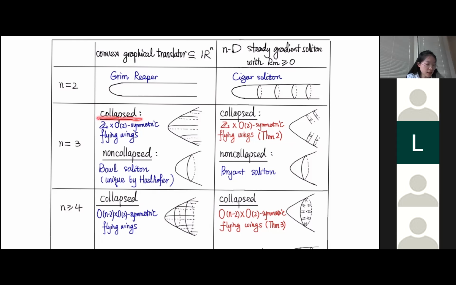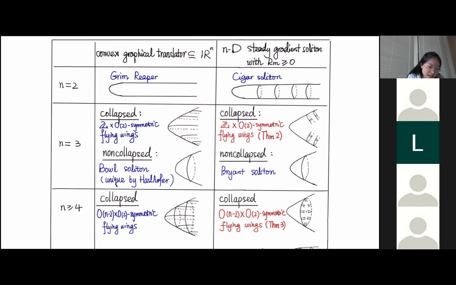If you consider the collapsed solutions, then you get these flying wings constructed. So you get these Z2 cross O(2) symmetric flying wings. So it looks like this.